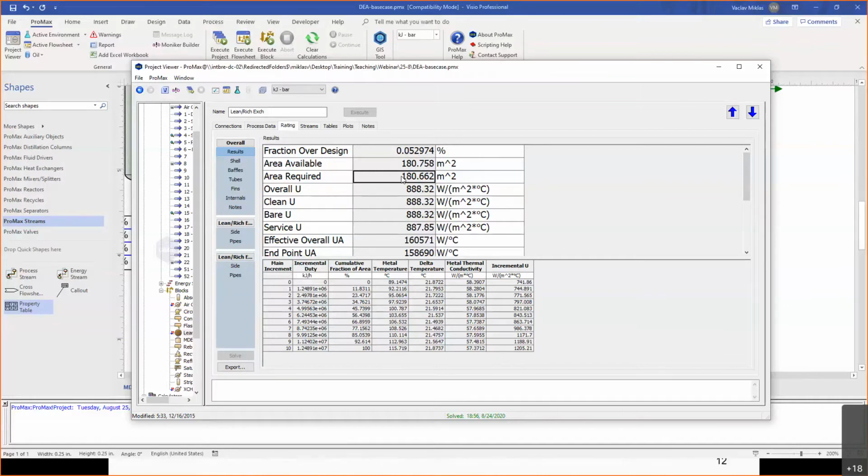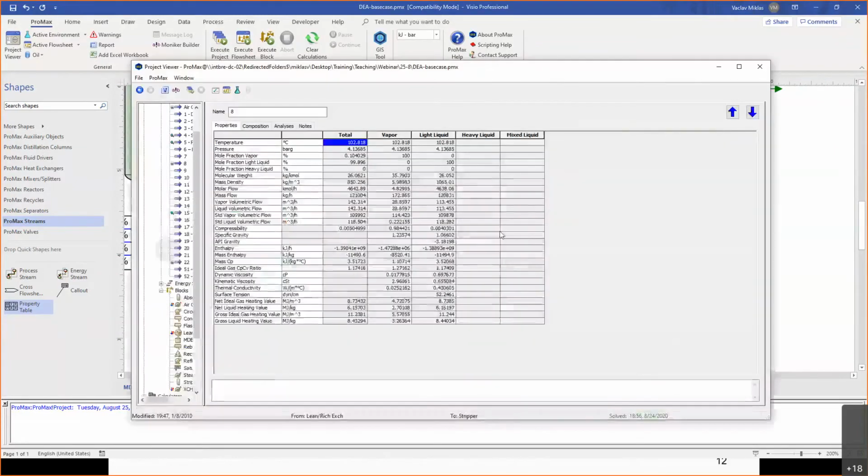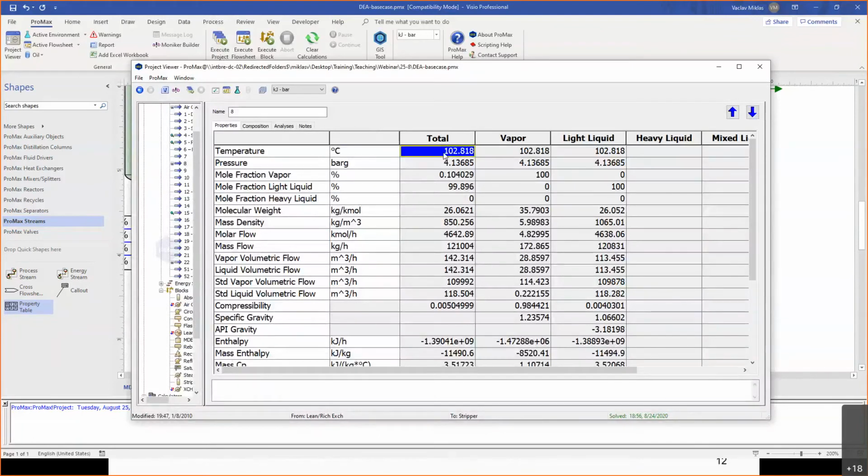In order to predict the real performance in a heat exchanger, you want to have a fraction over design of 0. So you basically want to have heat transfer and heat balance in line. And the reason why it's so close to 0 here is that I have a solver created on the outlet stream temperature from the heat exchanger. So this solver tweaks the temperature iteratively to change the heat duty.